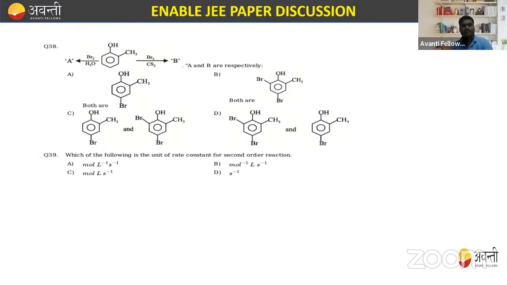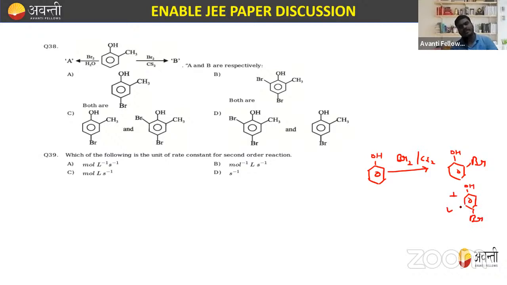And part B, Br2 in the presence of CH2. We all know, it's a very famous type of question, whenever phenol is treated with Br2, that is halogenation, in the presence of CH2, what do we get? The ortho-para product. This is ortho bromo and para bromo, the major product.